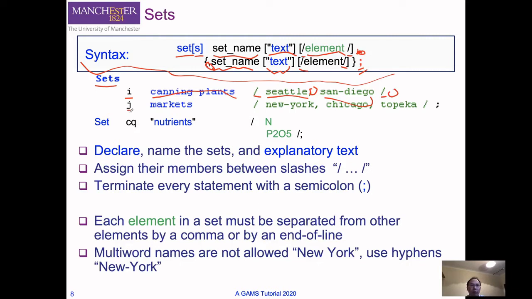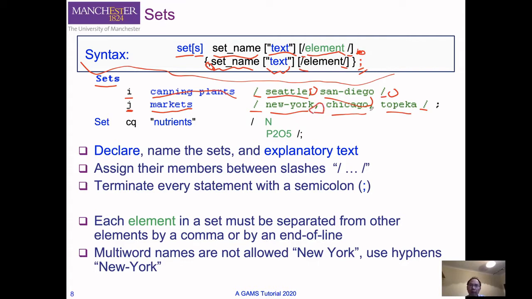The name of the other set is J, and next is the text used to describe the meaning of this set. After that, two slashes. Between these two slashes, three elements are input for this set J: New York, Chicago, and Topeka.